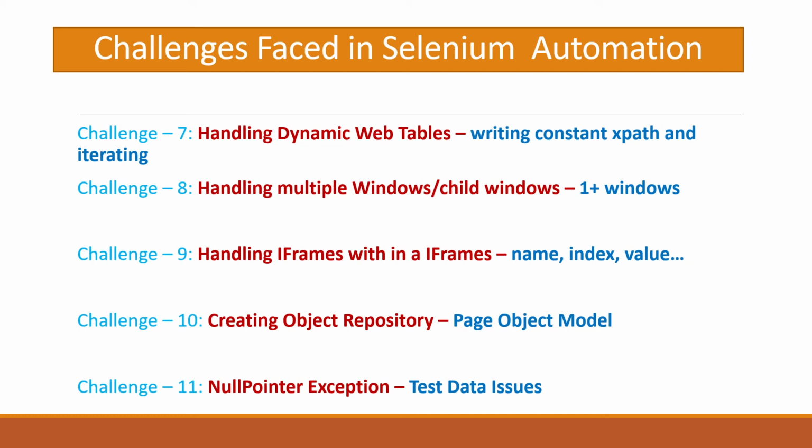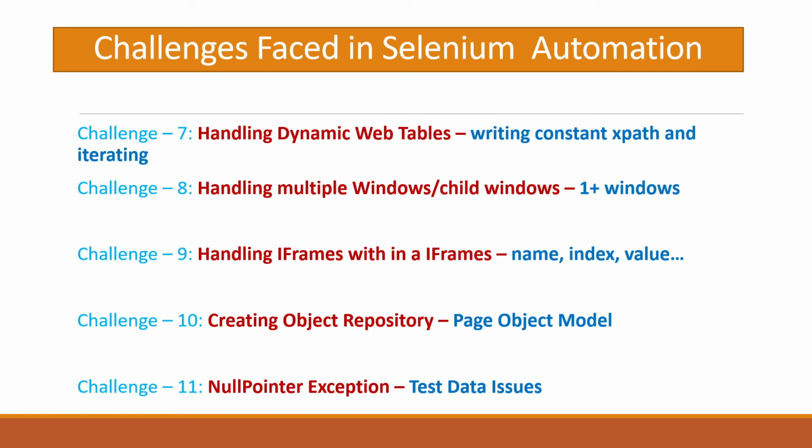So the next challenge is creating an object repository. By default, Selenium does not have any object repository where we can store all the web elements, right? For this reason we can create our own object repository with the help of the page object model, where I can initialize all my web elements in particular pages.